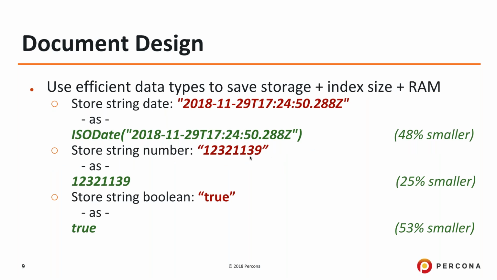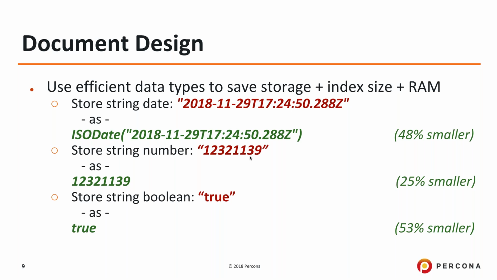And perhaps the most important thing you could do for efficiency in the document area of your design for your queries is make sure your data types are correct. I'll explain last why that's important, but I've got 3 examples here where in red we have a date in quotes, which makes it a string in Mongo.